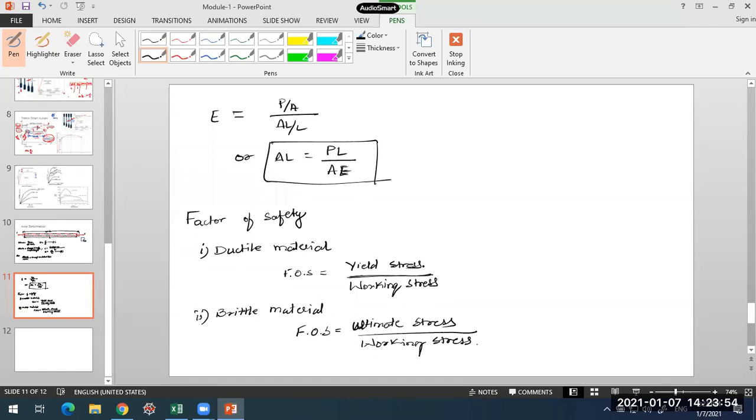If you want to restrict the deformation, then the factor of safety is expressed in terms of yield stress to working stress for ductile material. A brittle material doesn't exhibit much deformation or show yielding, so it is expressed as ultimate stress by working stress. That is the factor of safety for the two different types of materials.